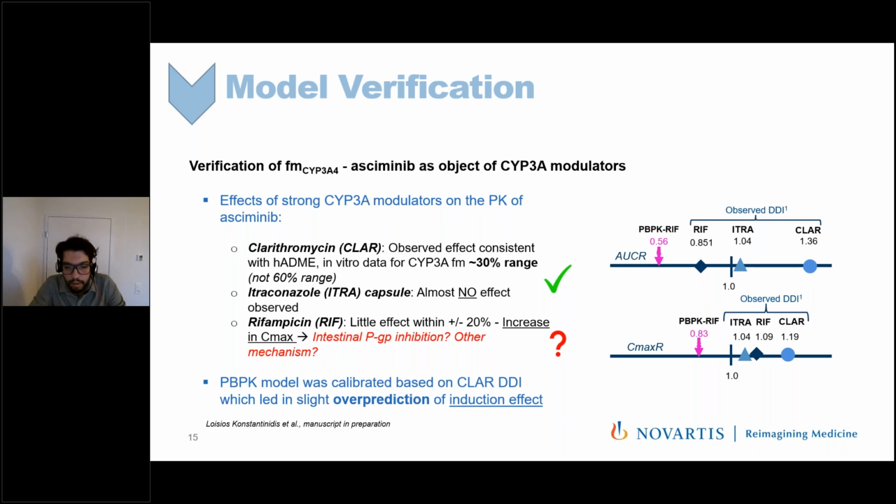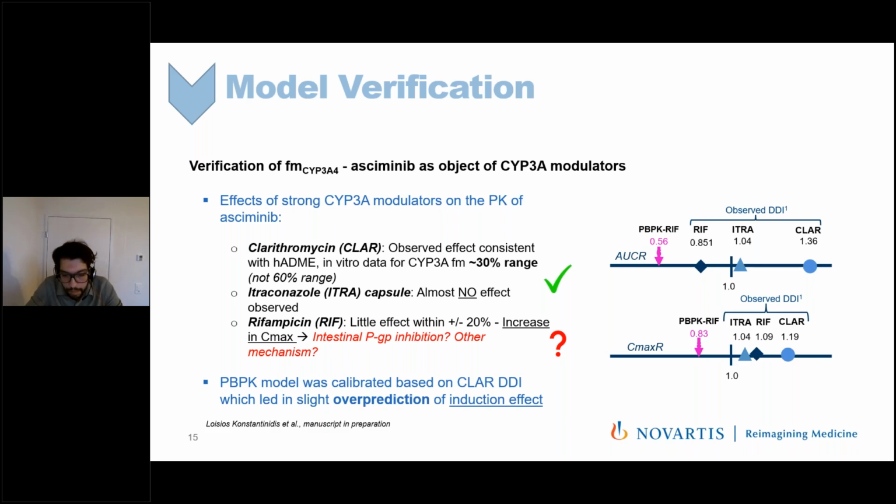But as I mentioned before, since the PBPK model was calibrated based on the clarithromycin DDI data, the PBPK model overpredicted, as you see here with the magenta arrow, the induction effect by rifampicin by about 30%.